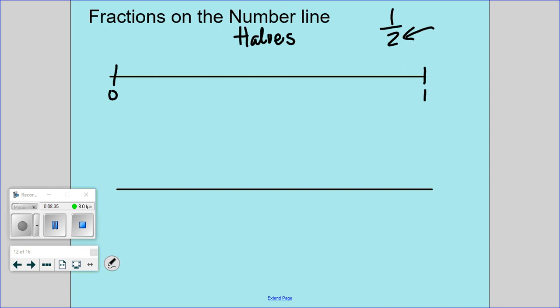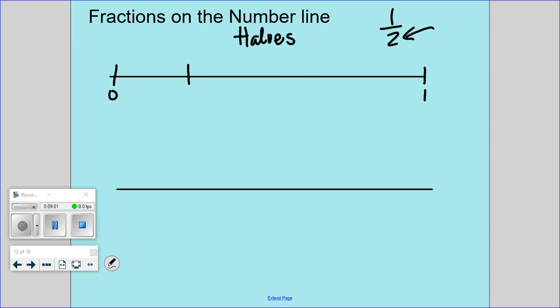Where am I going to put my tick mark to show 1/2 so that I have 2 equal pieces? That word equal is very important for fractions. Ava? Right in the middle. Could I put 1/2 right here?